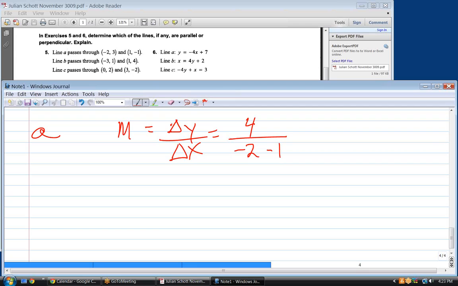You can go in either direction, just so long as you go in the same direction. Now what is -2 minus 1? -1.